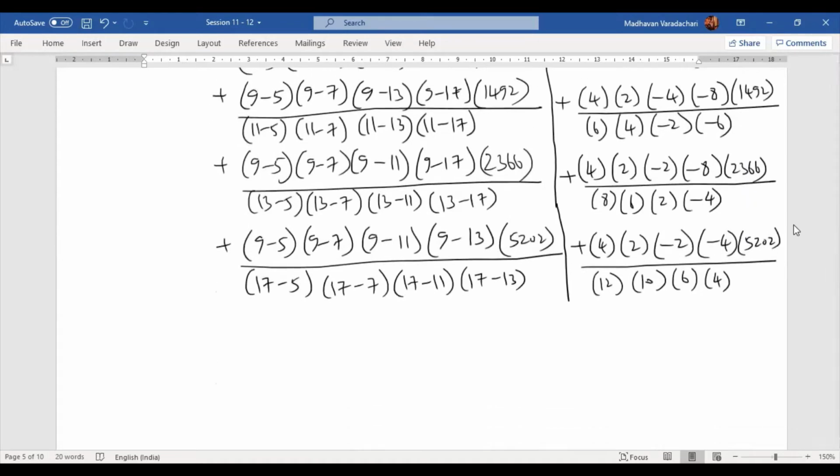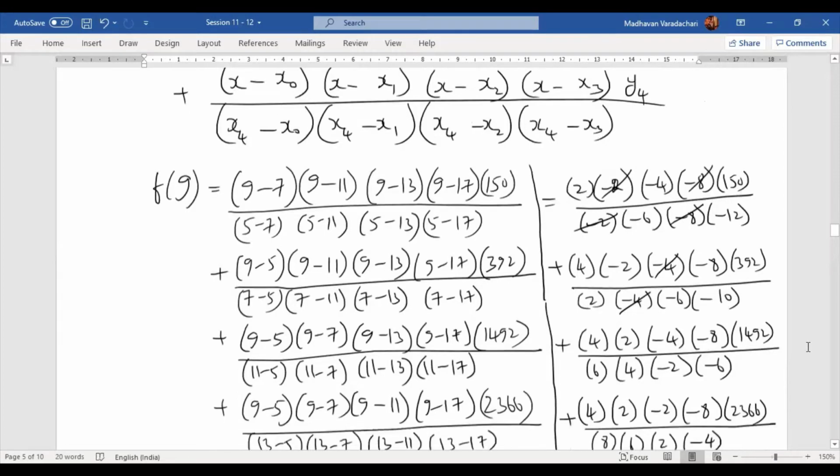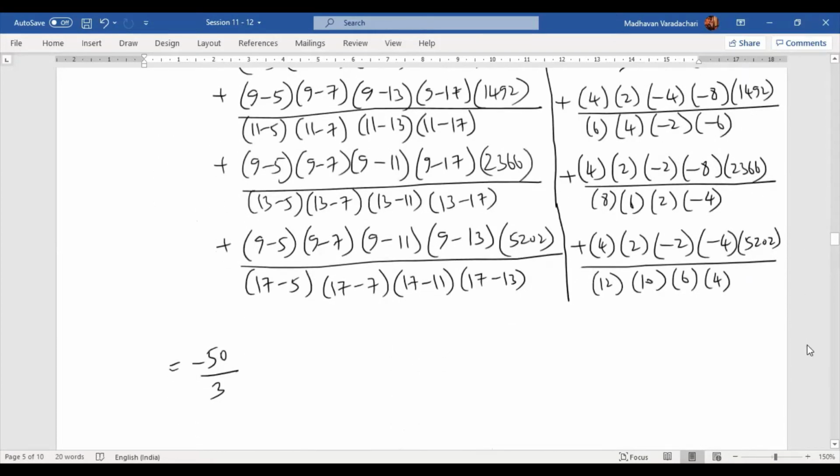If I evaluate that, I will get minus 50 by 3. In the next one, I can cancel this and this. And there are two negatives, so ultimately it is positive. If we simplify that, we will get positive 3136 by 15.